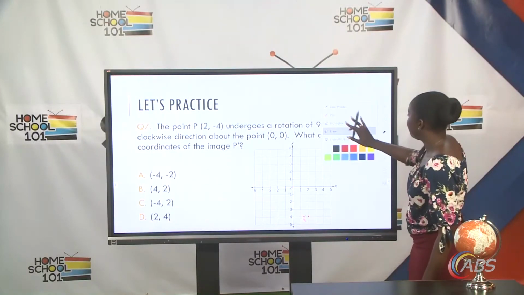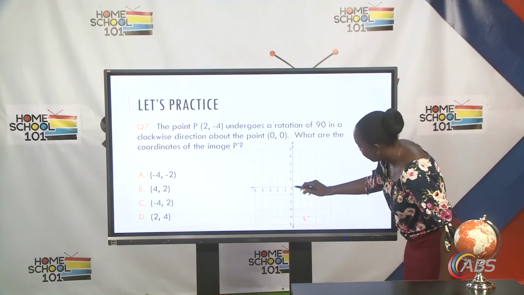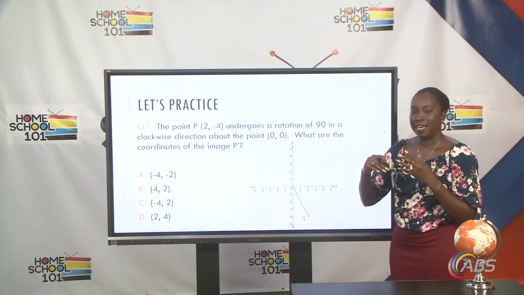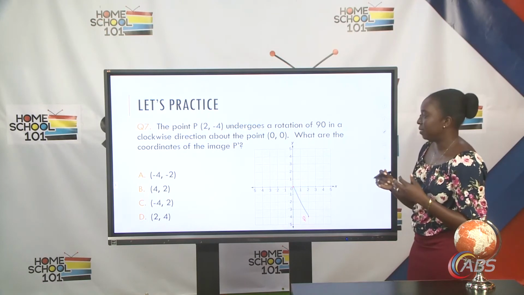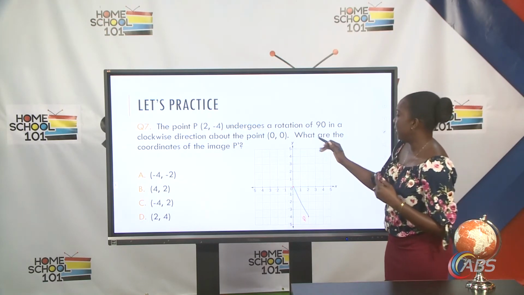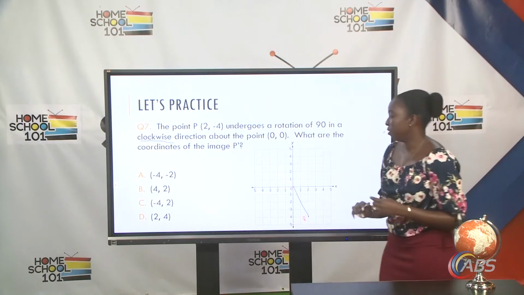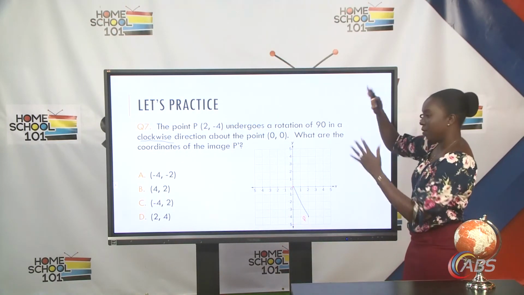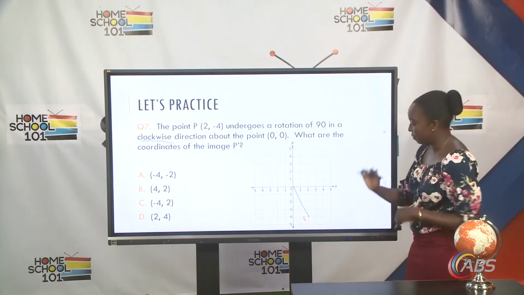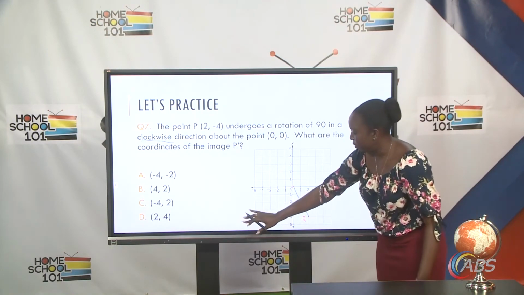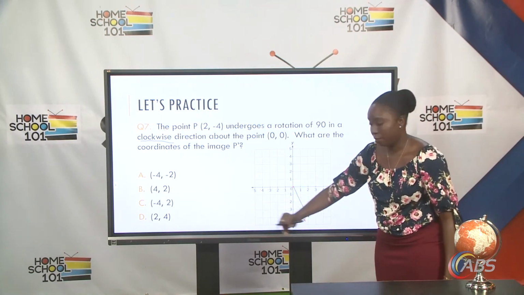All right, so P is attached to some string, and I'm going to rotate it 90 degrees. And remember the direction we're going. It says that it needs to go 90 degrees clockwise. And so if we're going clockwise, we know that we're going in the movements of a clock, the hands of a clock. So if we're now in quadrant 4, that means it's going to take me over here into quadrant 3.